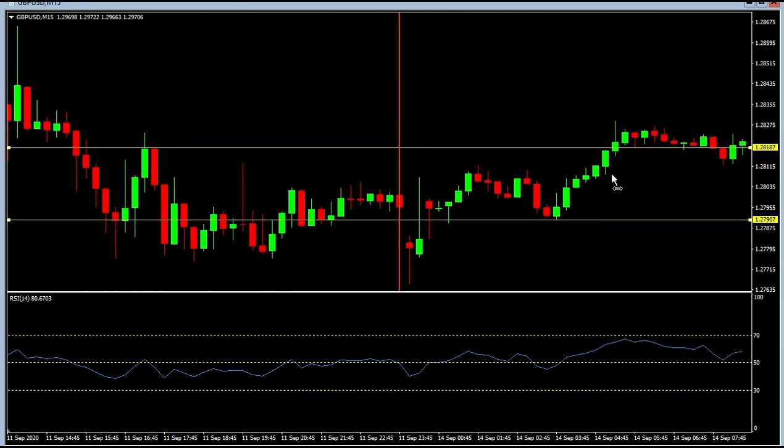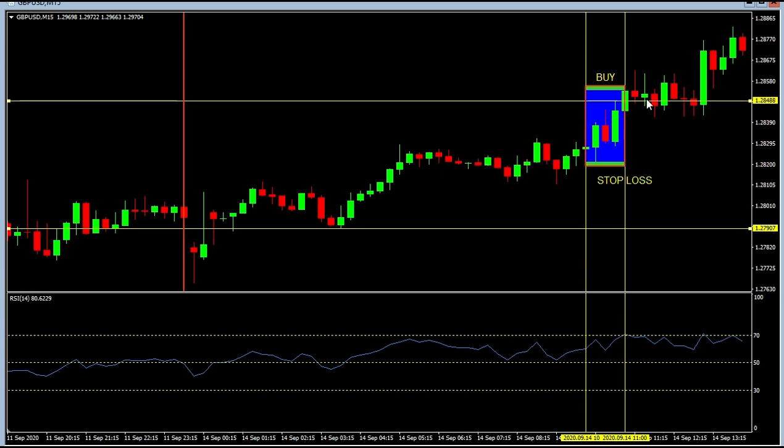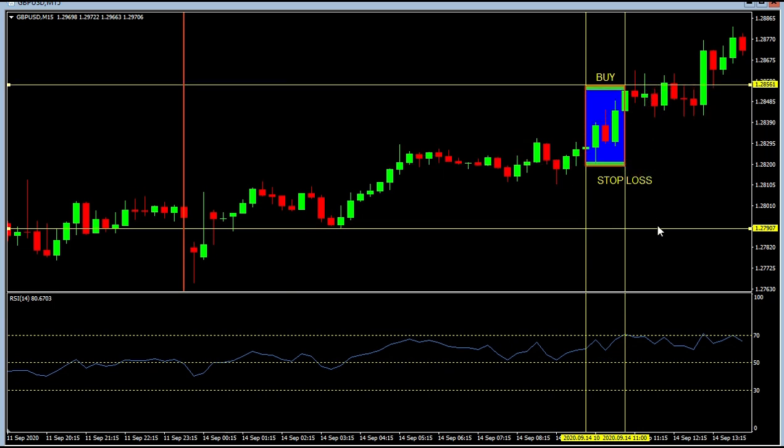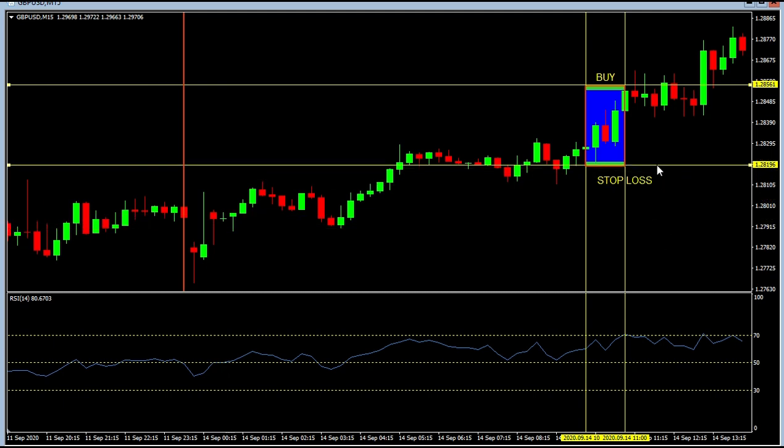Next day we look here. Here you will see at the last candle in the box, the RSI is sloping up, so you're going to buy here, put a pending buy order, which this candle fills, and the stop loss here.